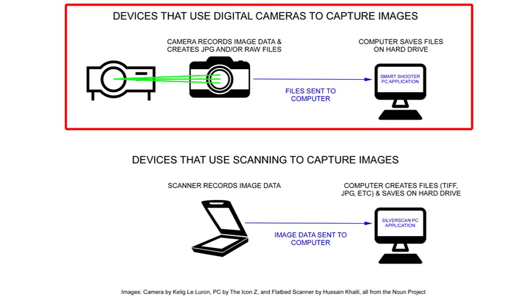Note that the PC computer application that controls the camera, in this case Smart Shooter, does not place the digital image data into the file. Rather, the camera's own software places the image data into a file and sends that file to the computer application, which stores it on the hard drive without altering it, except to automatically assign the name of the file according to user preference.